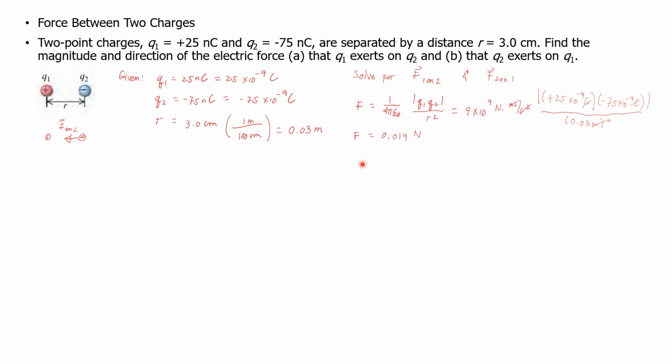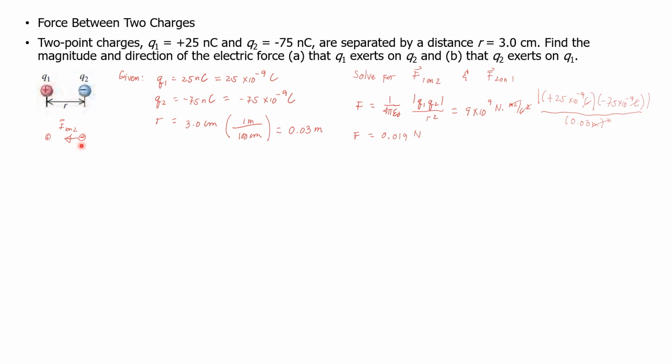Since force is a vector quantity and we already calculated its magnitude, we need to find its direction. We have a positive and a negative charge, meaning they will attract. So this is charge 1 and charge 2.